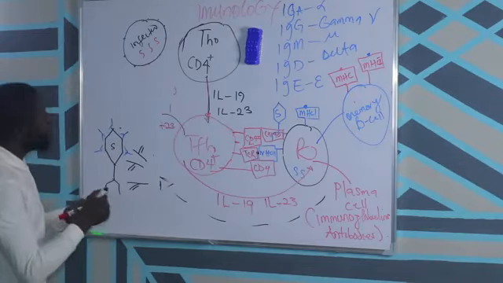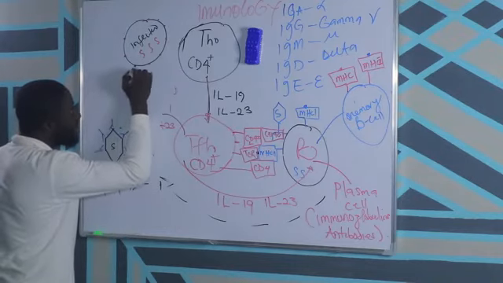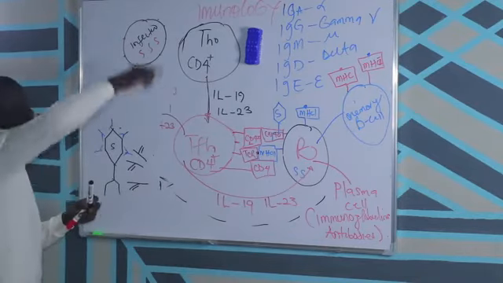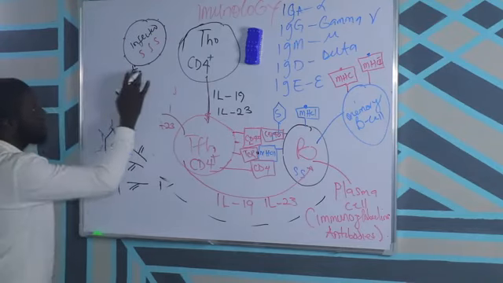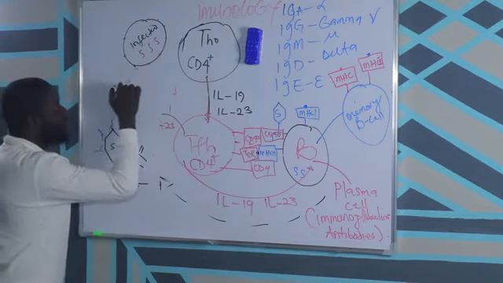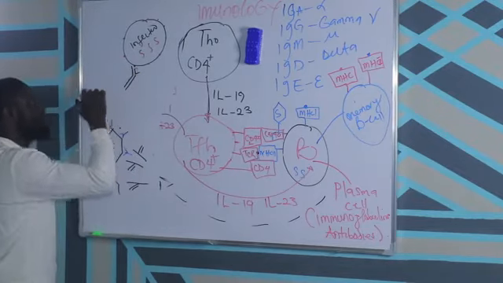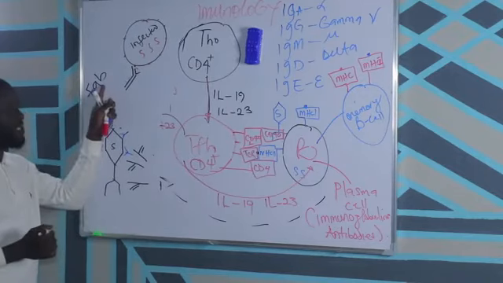So the immunoglobulin goes and attaches itself to the viral peptide found on the cell membrane. Do not forget, on the body of the antibody we have the Fab region, which is the binding site of the antigen.